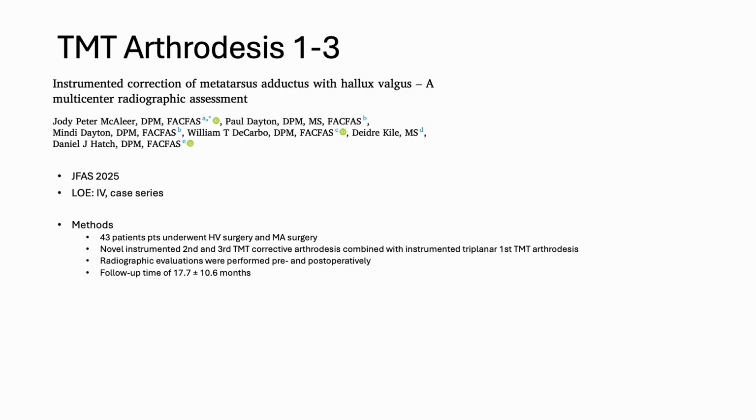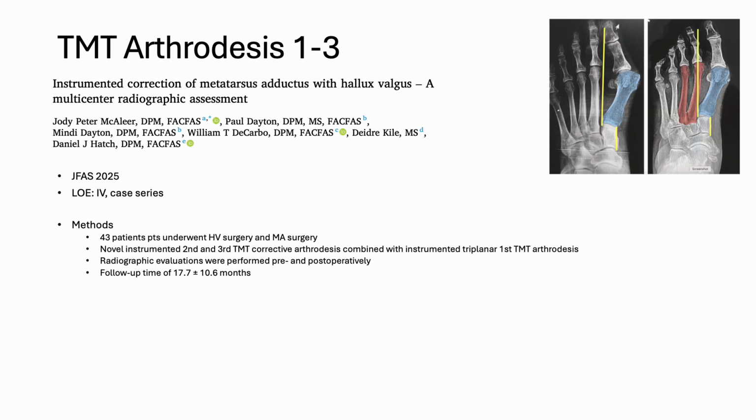They used novel instrumentation to help correct the second and third tarsometatarsal joints with this combined instrumentation for the first tarsometatarsal joint, which we're very well aware of. They did radiographic evaluations pre and post-op, and they followed them up for a pretty good amount of time, over a year, roughly, or around a year.